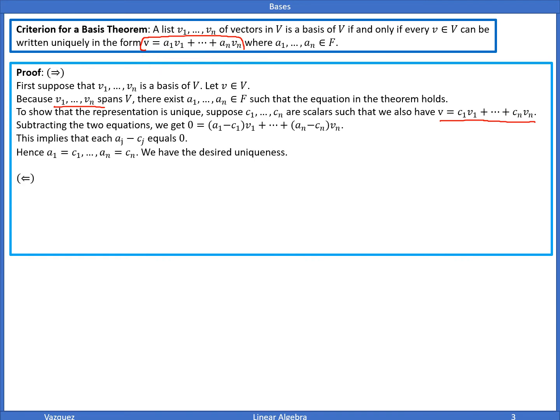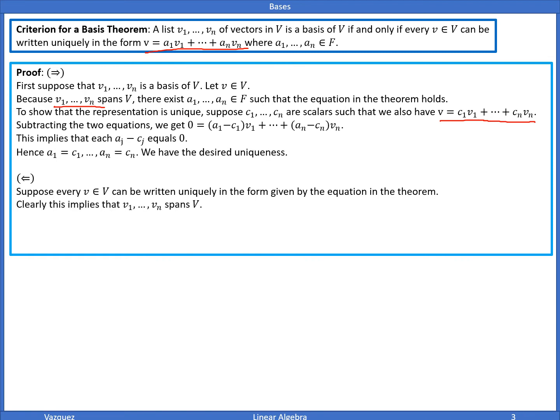Now we're going to make the assumption that with V, every vector can be written uniquely in the form given by the equation in the theorem. So again, we're still going to be using this equation. We're saying that every vector in V can be written uniquely.